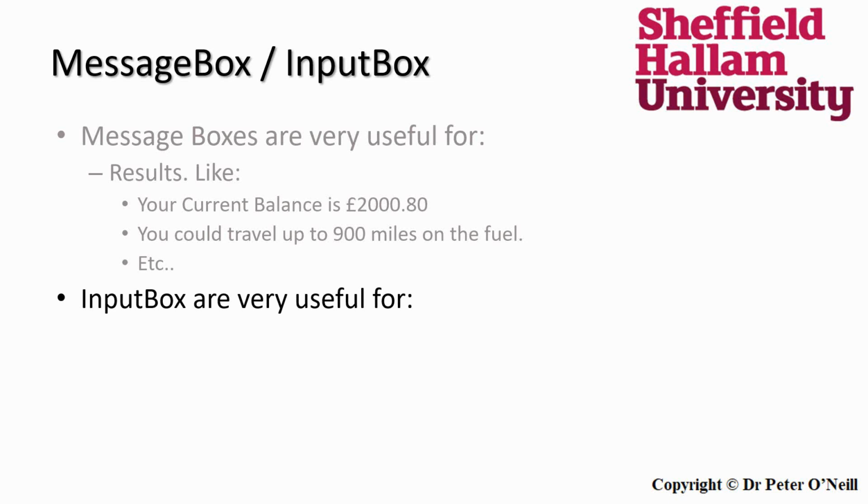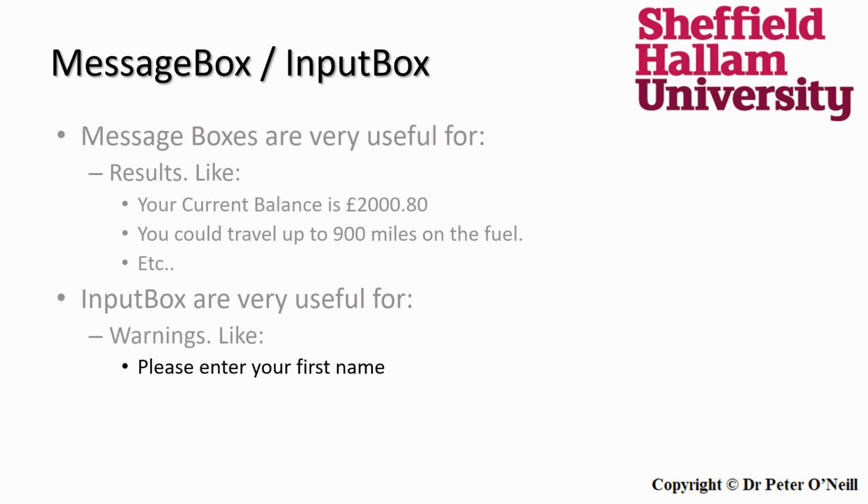Input boxes are also useful because what you can ask them for is confirmation. So you can also use them for warnings, like please enter your first name. So obviously the person forgot to put the first name in. Instead of just sending them back to that point, you can just get the input box, get it from them, and allocate it to that box for them. So they're not having to look for it.